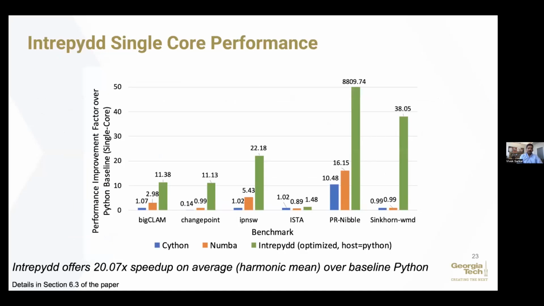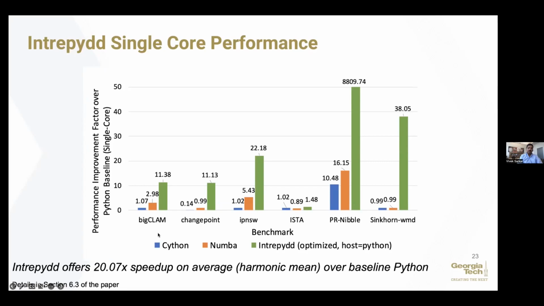So here we have a range of benchmarks, including that Synchron one related to data analytics. And what we're showing on the y-axis is performance improvement over the Python baseline for single core.